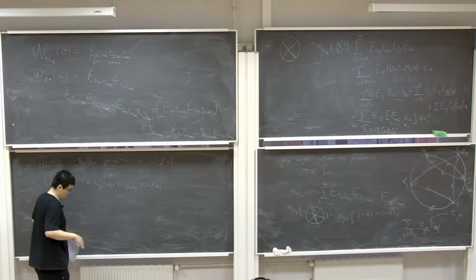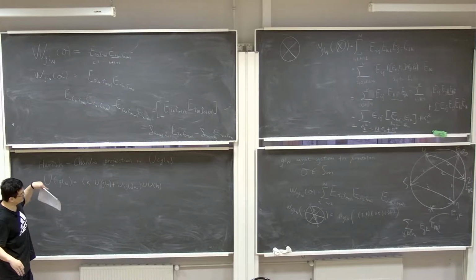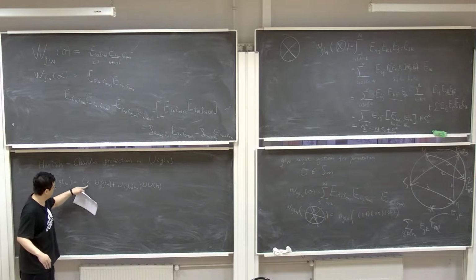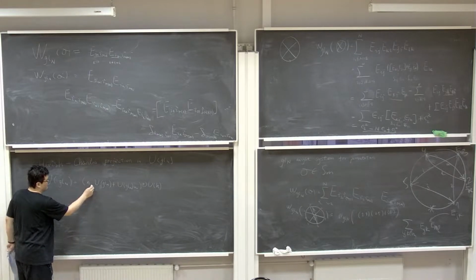H is generated by the E_ii elements, and n minus is the element.